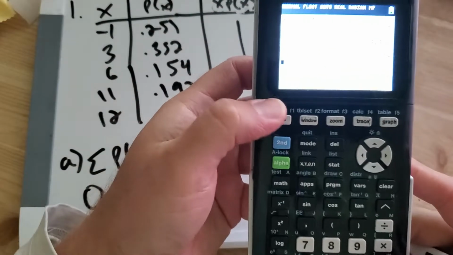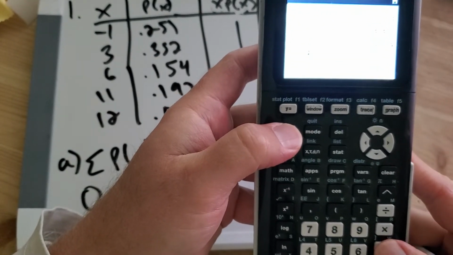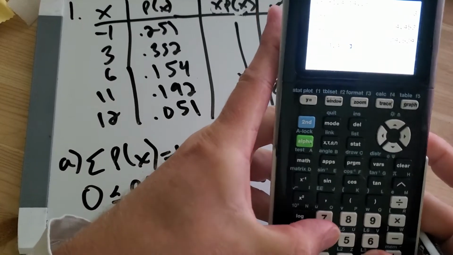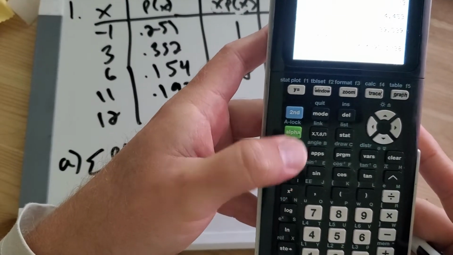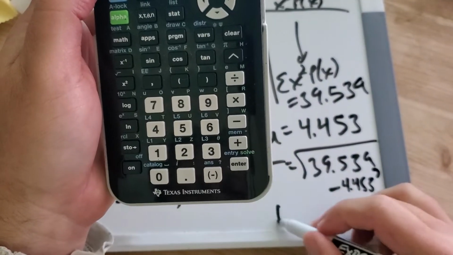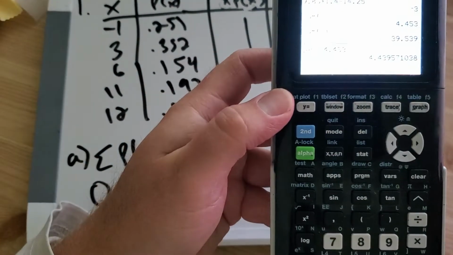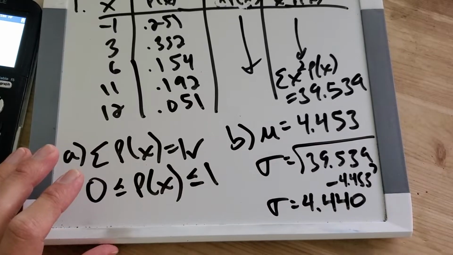So if I do that, it'll be the square root of what I just got minus 4.453 squared. Bam. So I get 4.440. I like it.